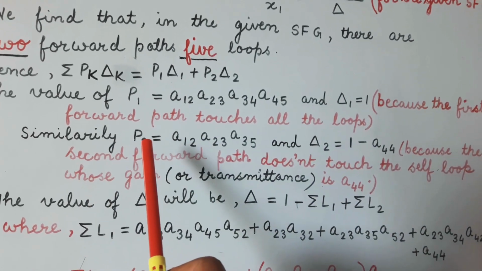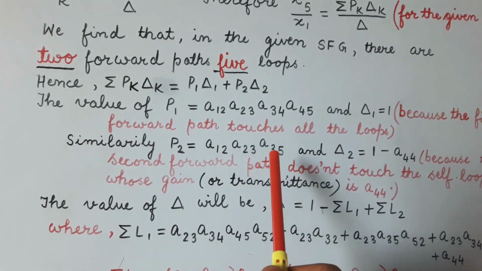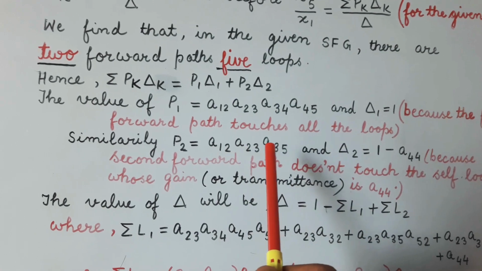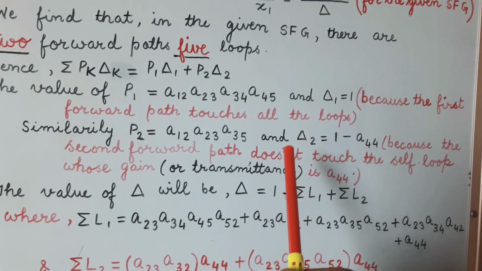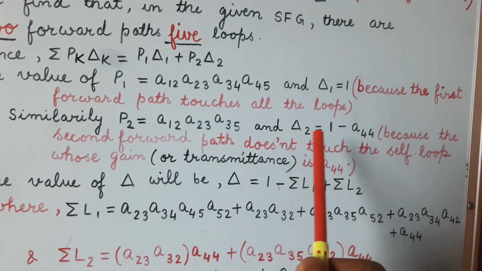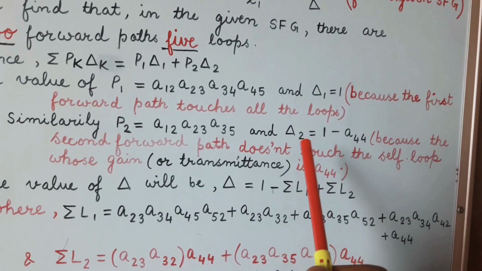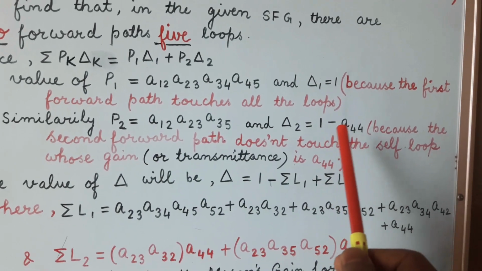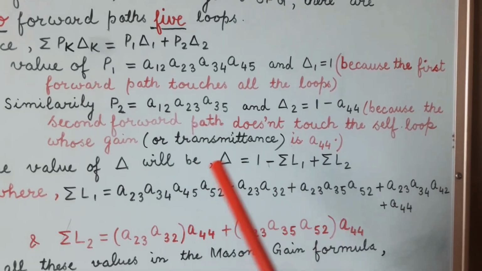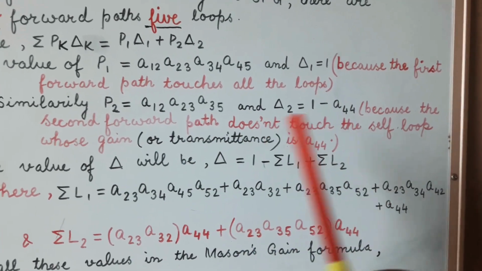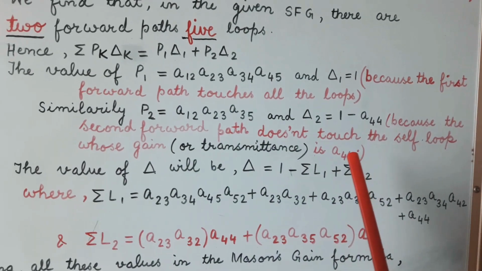Similarly, the value of P2 will be the gain of the second forward path, that will be equal to A12 into A23 into A35, and since the second forward path does not touch the self loop whose gain is A44, the value of delta 2 will be 1 minus A44. Why? Because the second forward path does not touch the self loop whose gain or transmittance is A44.